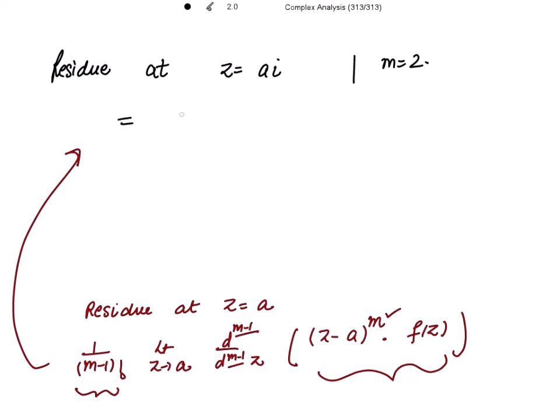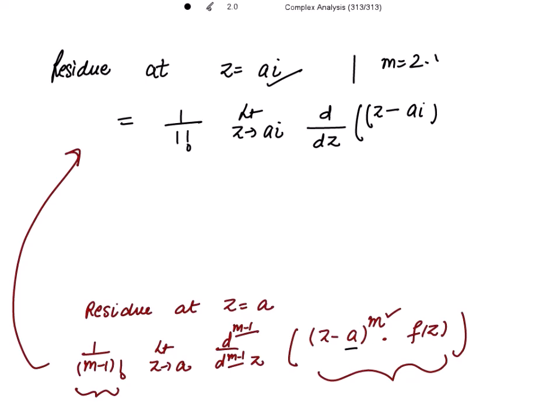So this is 1 divided by (2 minus 1) factorial, limit z tending to a iota. Here I am having the point a iota, right? Taking the derivative (m minus 1)th time, that is 2 minus 1, that is 1. So only we need to write the first derivative of (z minus a iota) the power 2 into f(z), that is 1 divided by (z square plus a square) whole square.